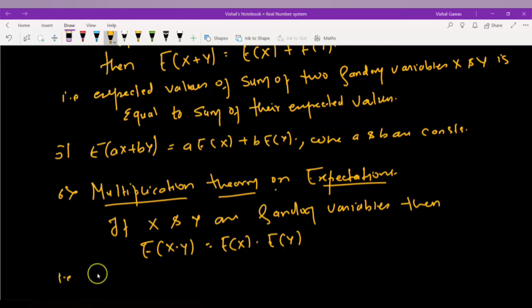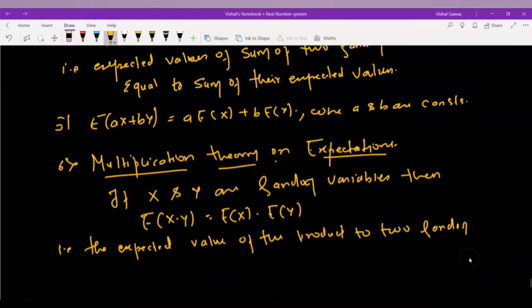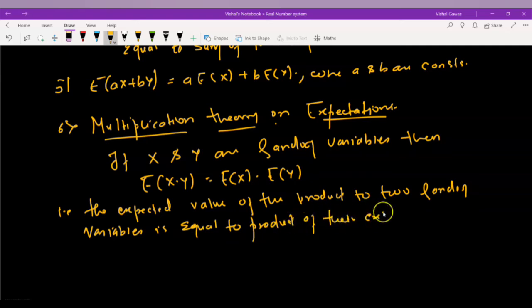That is, the expected value of the product of two random variables is equal to the product of their expected values.